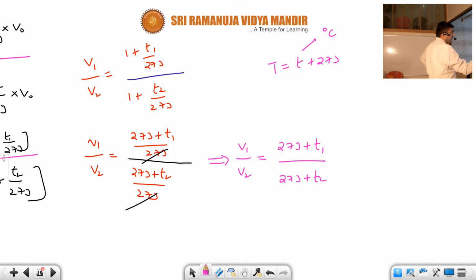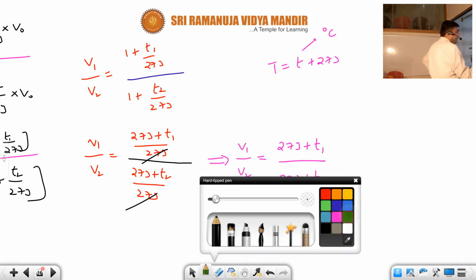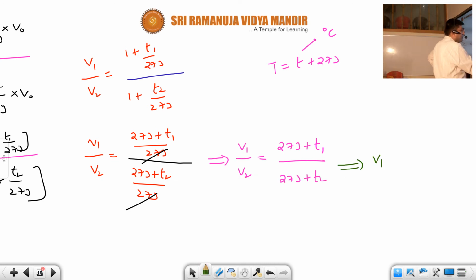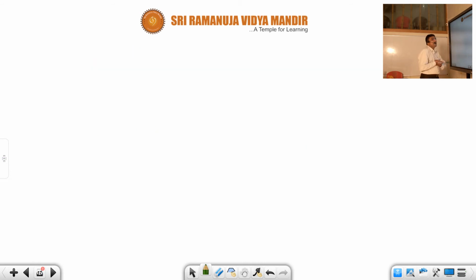So I can write here this way: V1 by V2 is equal to T1 by T2. So this is how very wonderfully one can derive the Charles law. Now you are very clear from the whole episode of derivation of the Charles law, volume is directly proportional to the temperature. Now let us see by graphical format.